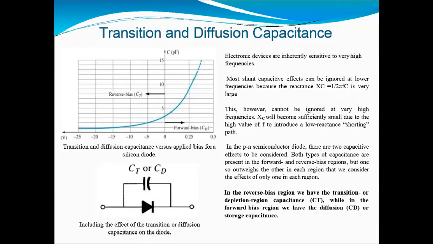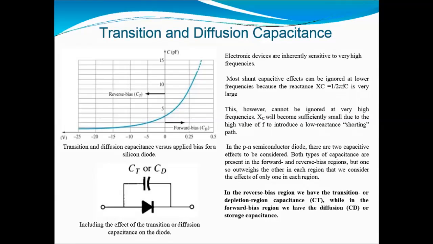In the reverse bias region, we have the transition or depletion region capacitance, CT. So CT means transition capacitance or depletion capacitance, and it is used in the reverse bias direction.